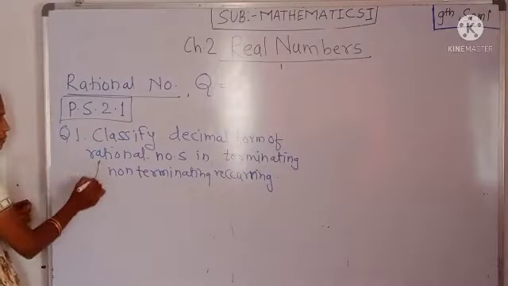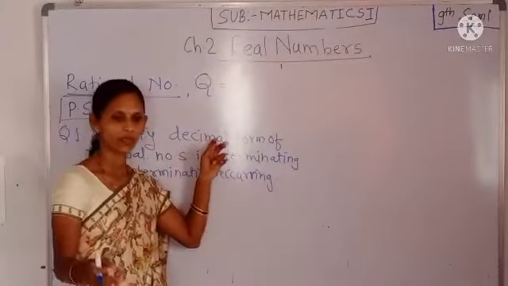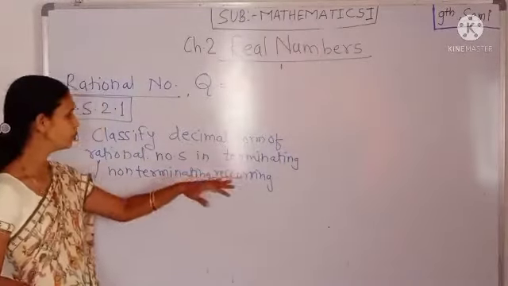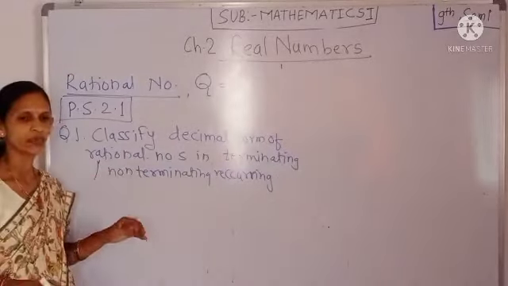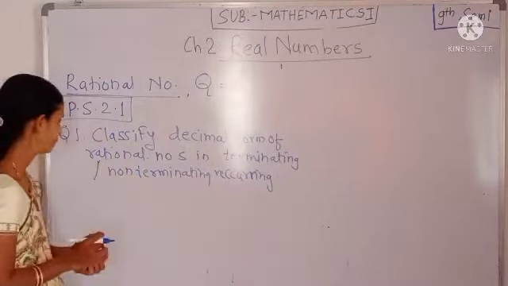Then examples. See here, classify the decimal form of given rational numbers into terminating or non-terminating recurring type.